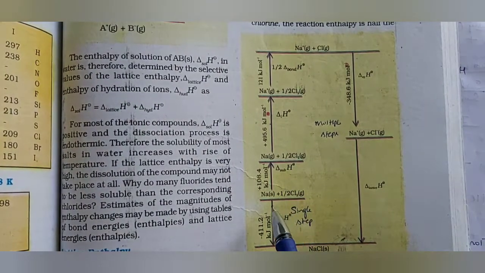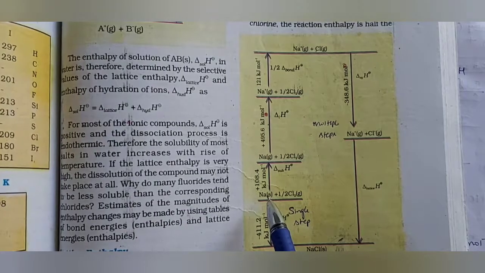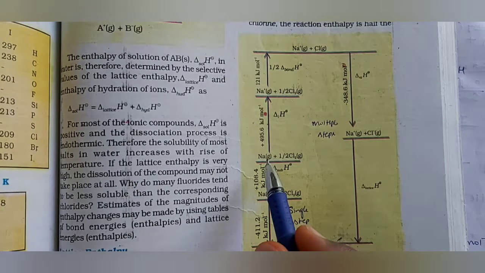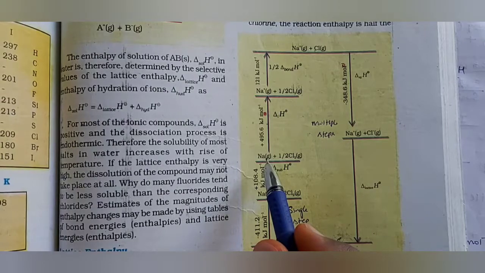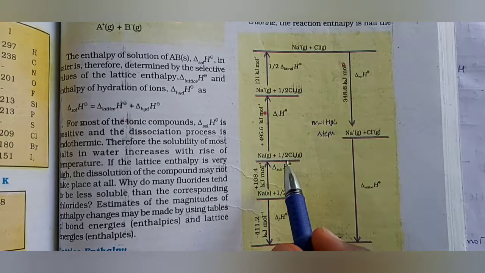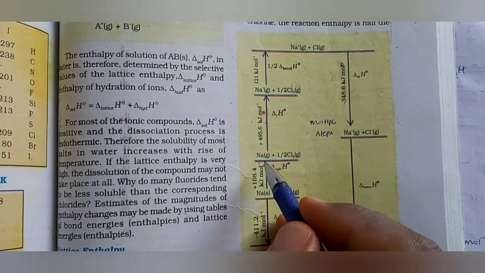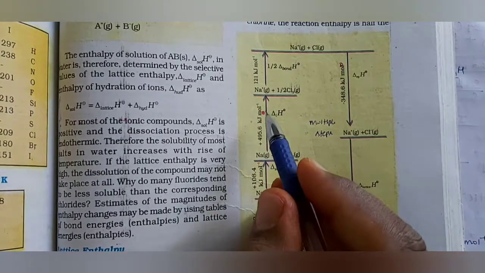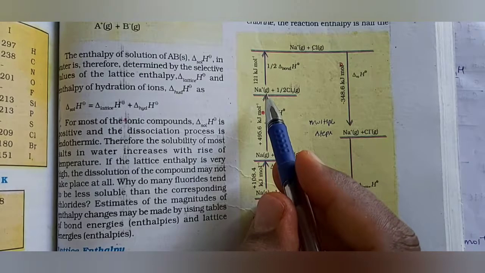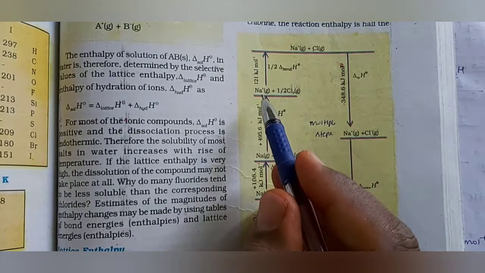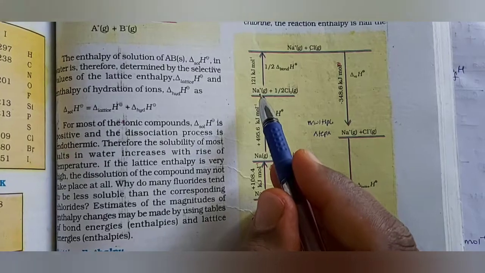Now from here onwards, Na solid is given some amount of energy and is converted to Na gas. For half Cl2, no energy is given, so it stays as half Cl2 gas. The Na gas absorbs some more energy and forms Na plus.